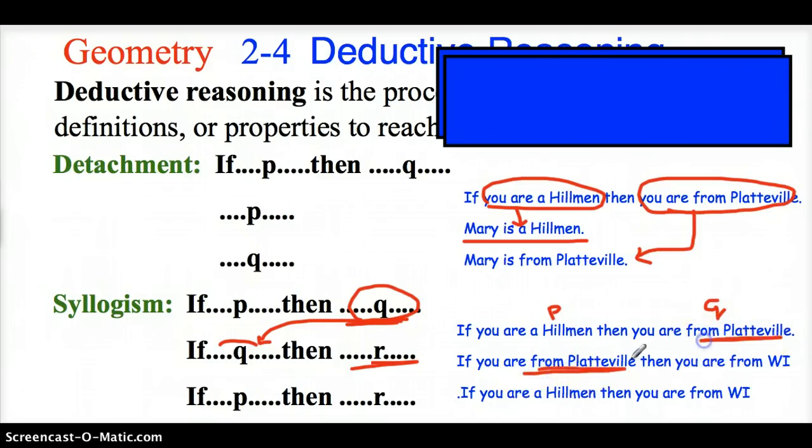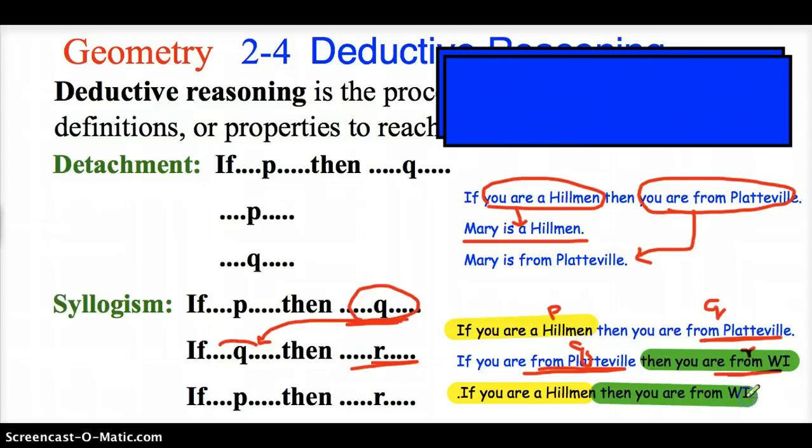If you are from Platteville, then you are from Wisconsin. So this is a new thing, that would be my R. And then my conclusion takes the if part, if you are a Hillman, then you are from Wisconsin, which is the R part.